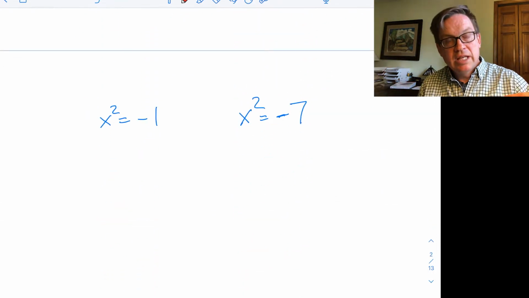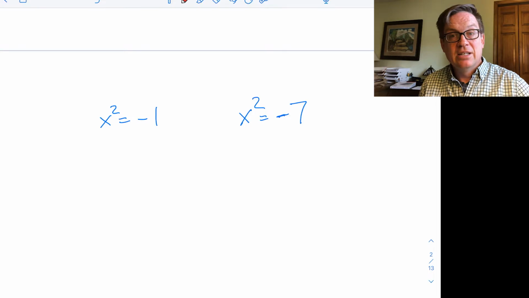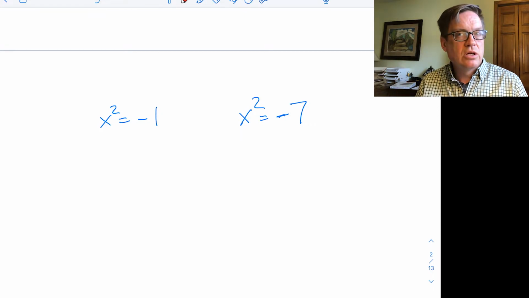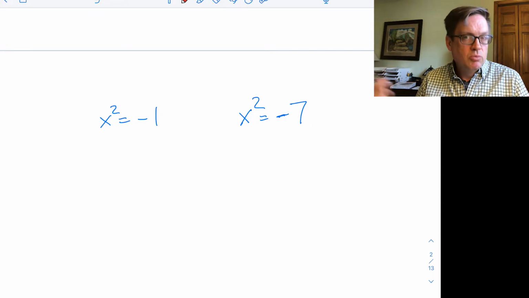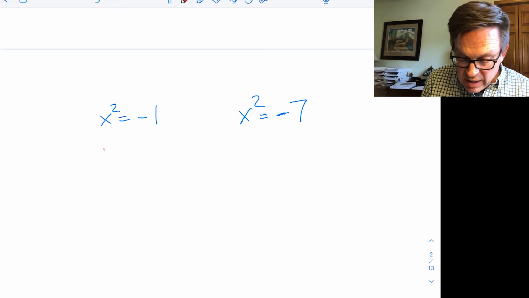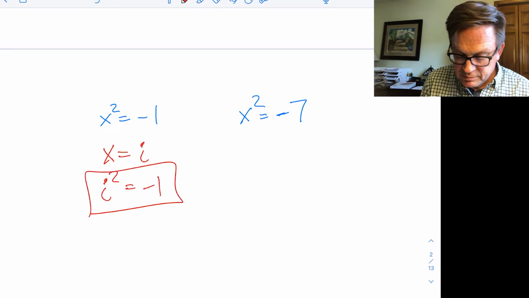But you can also then extend that idea of making up a symbol for something you can't really write down. So, square root of 7, or what's the square root of a negative number? We don't know. Let's call it something. We'll call it i. So x equals i, because i squared is defined to be -1.